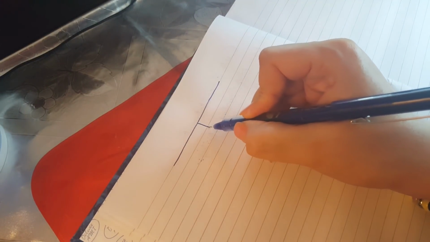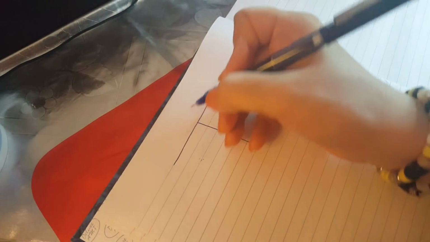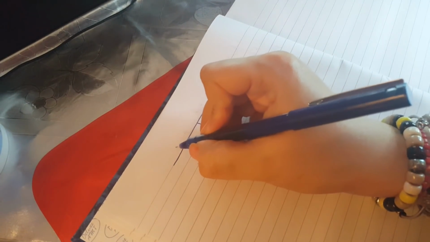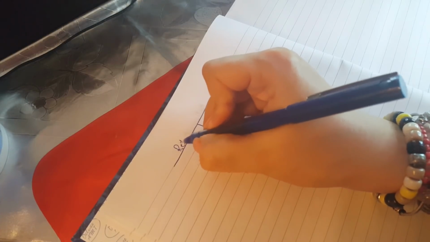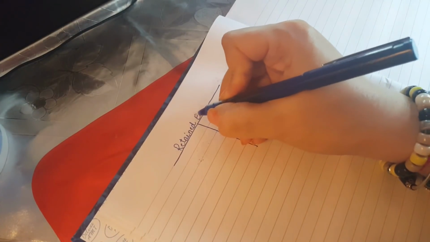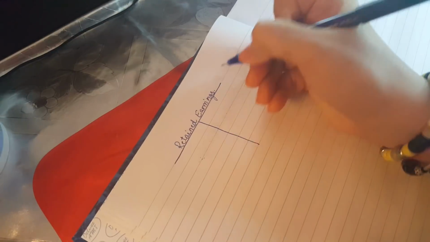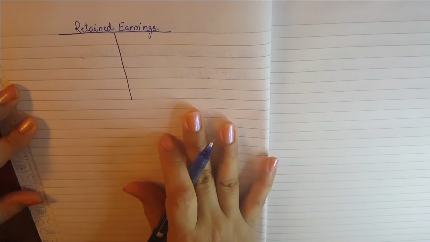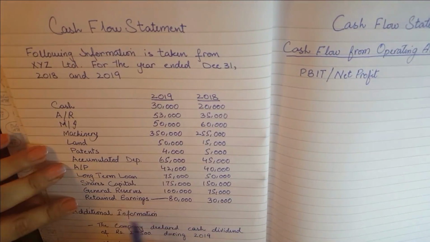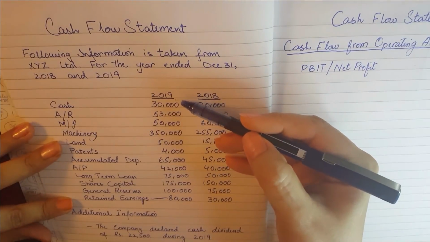So a T account is made like this, and at the top we write retained earnings.